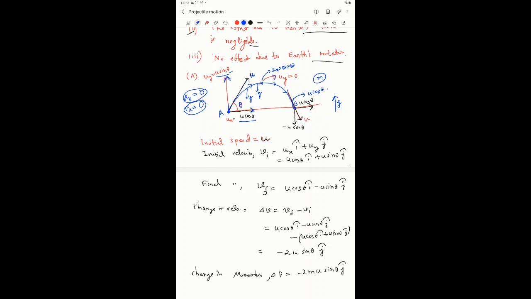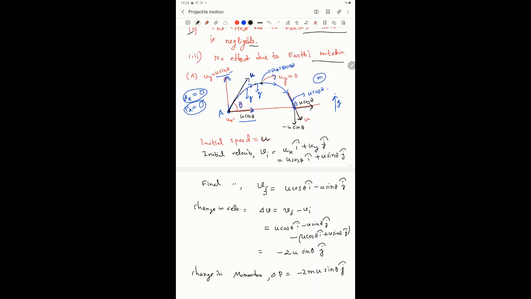That is, gravity completely nullifies the force with which we projected the particle in the y-axis. So when we start from here, its velocity along the y-axis is u sin theta. As it goes up, its velocity is decreasing, and here it will be 0.